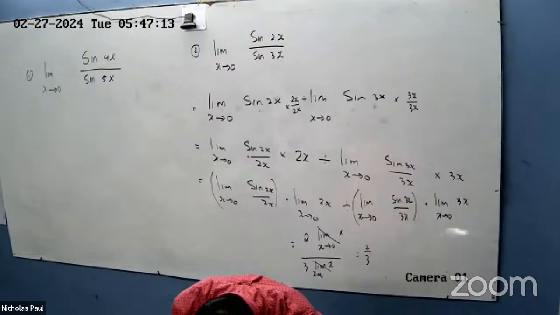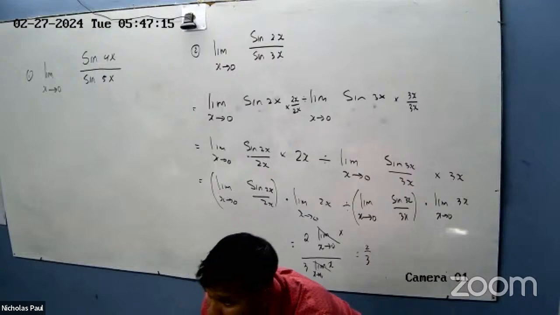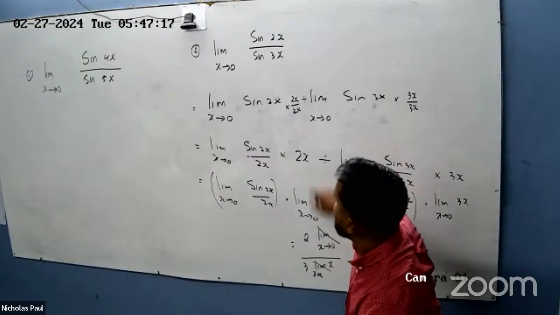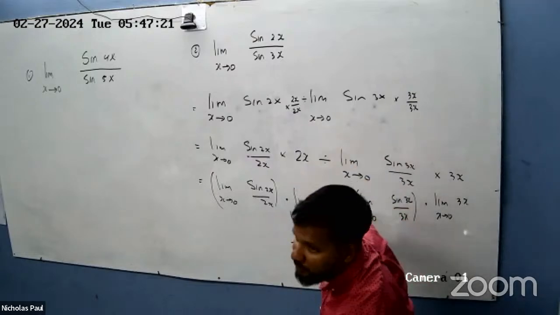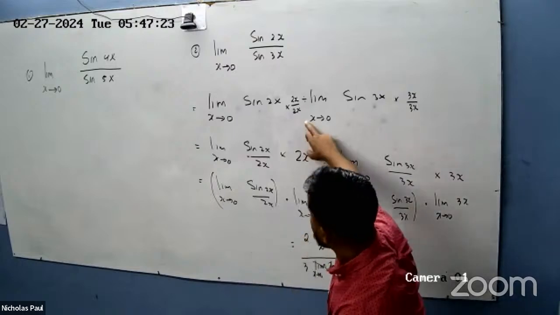We have to write one step, and after that there are some things you can skip over, like this one. Go from here straight to here.